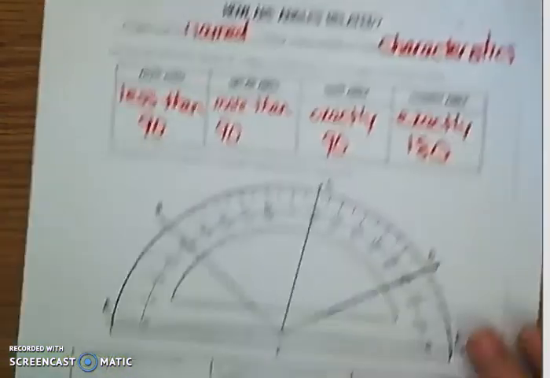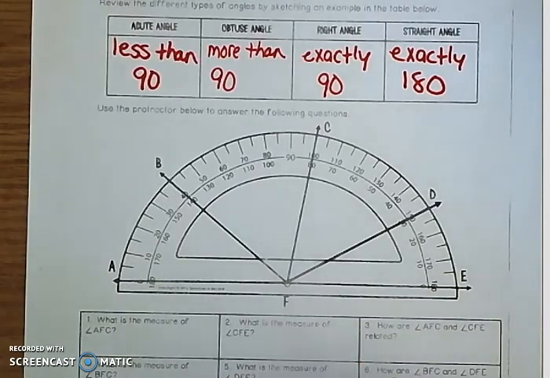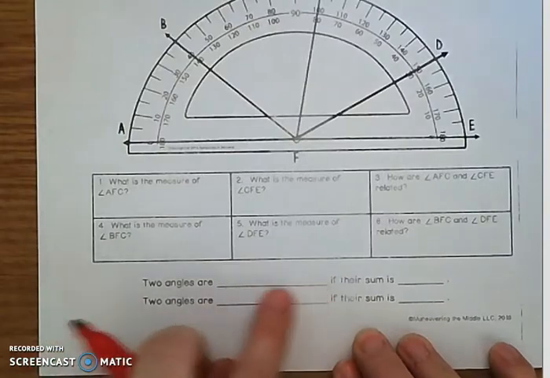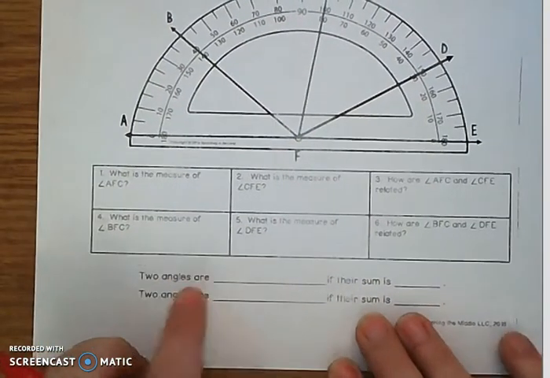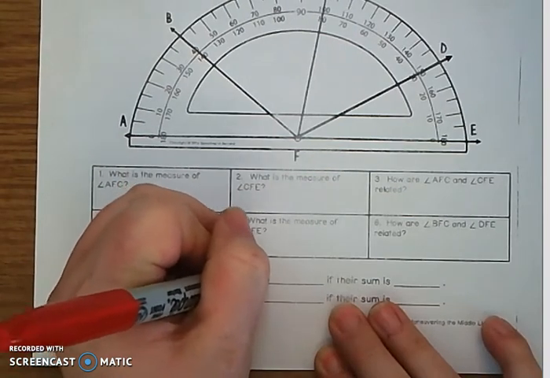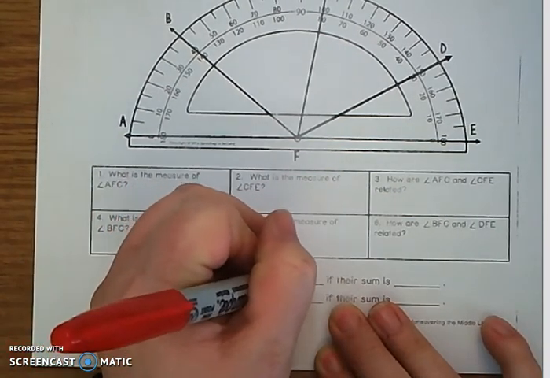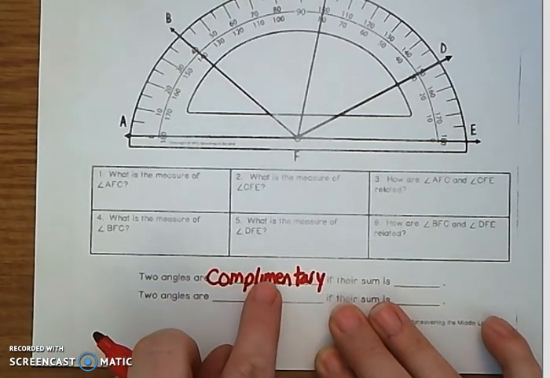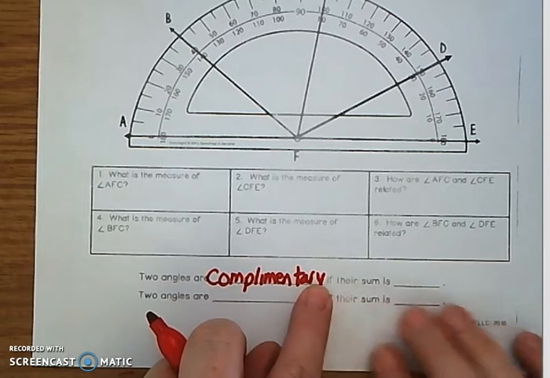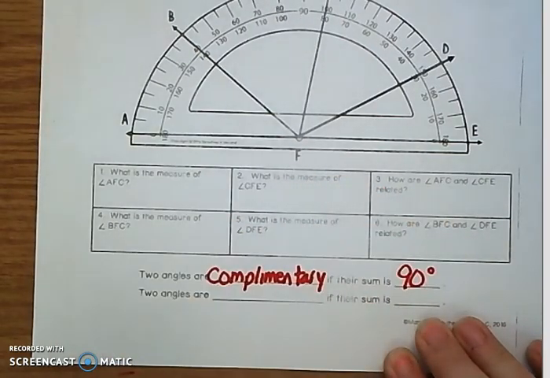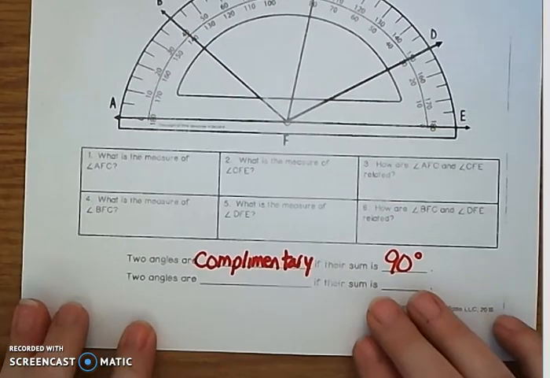Okay, before we answer these questions right here, I actually want to go to the bottom right here. Two angles are complementary if their sum is 90 degrees. So if you add angles up and they equal 90, they're called complementary angles.